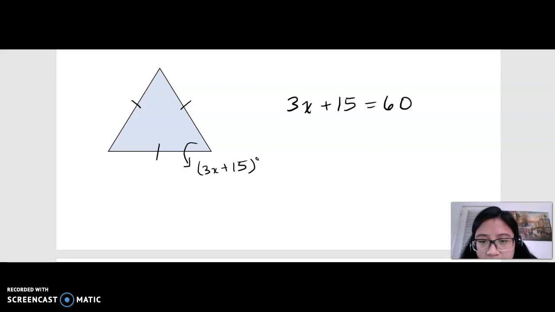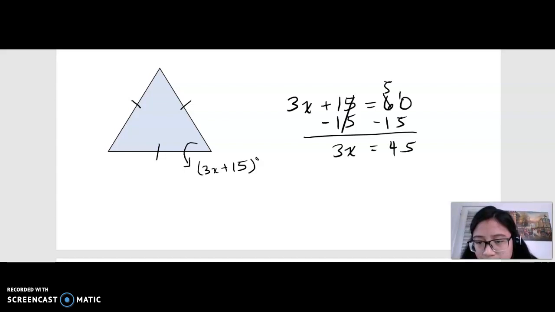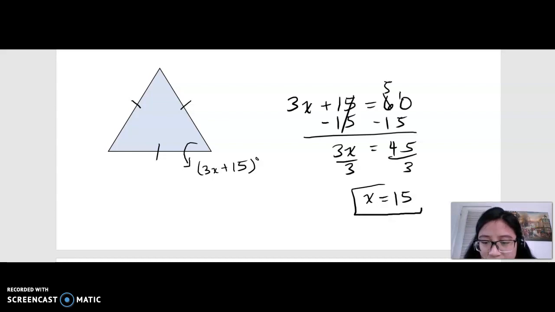Then I'm going to get x by itself using inverse operations. I think this is going to be 15. If they were just asking for the value of x, it's 15. But each of these angles will be 60.